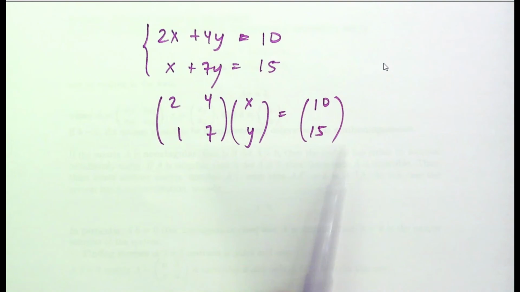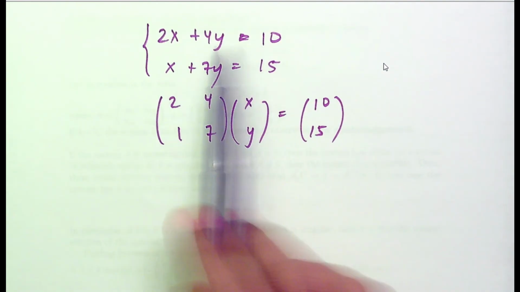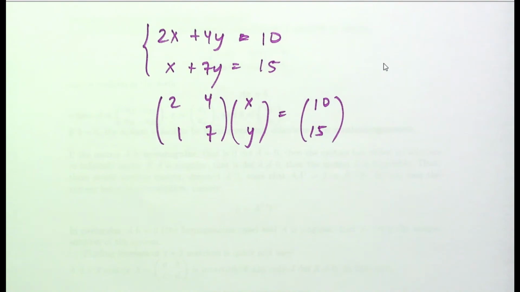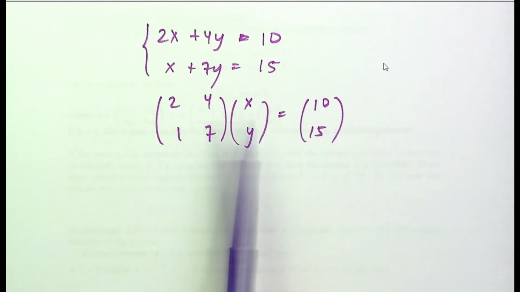So this is exactly the same thing as the system, but written in terms of matrices and vectors. And following the same pattern, you can make any system of linear equations into an equation with matrices and vectors.